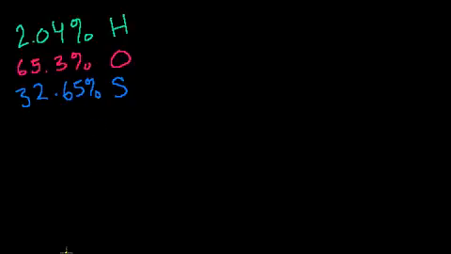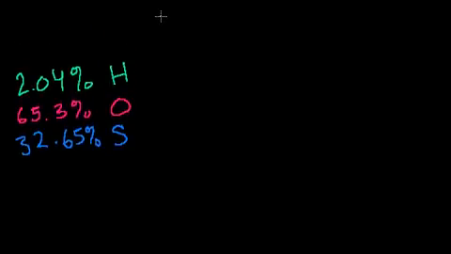So what we do, like we do in all of these problems, let's just assume we've got 100 grams of the stuff. So if I have 100 grams, how many grams of hydrogen do I have? 2.04% of that is hydrogen, so I have 2.04 grams of hydrogen.